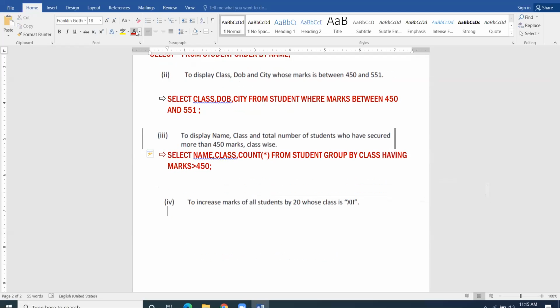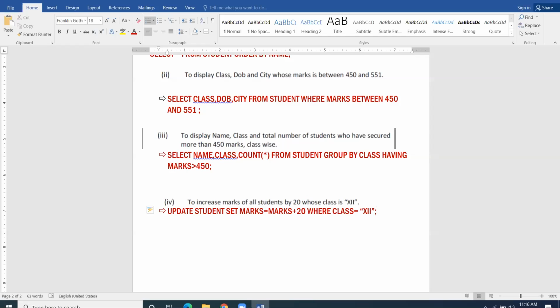Next, to increase the marks of all students by 20 whose class is 12th. So again, right here we are to increase the marks. Whenever we want to make any modifications in the records of the table, we will be taking update command. Update student set marks equal to marks plus 20 where class equal to 12th.